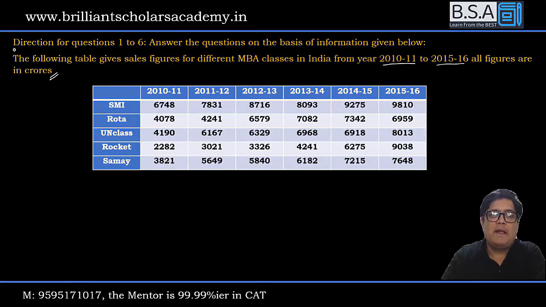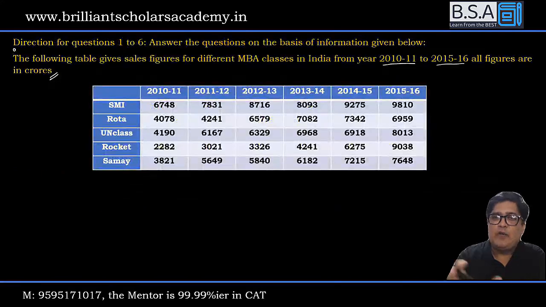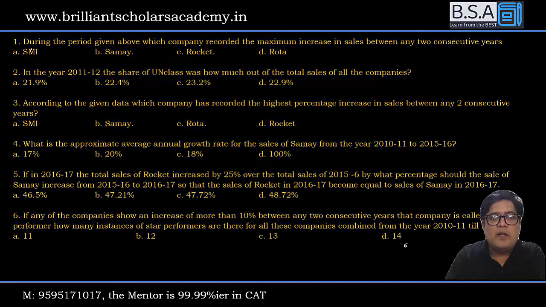Who knows? So now questions start. I notice these are 4 digit numbers. I notice 1, 2, 3, 4, 5, 6. There are 6 numbers for every coaching, 6 numbers for every player. What is the question? During the period given above, which company recorded maximum increase in sales between 2 consecutive years?